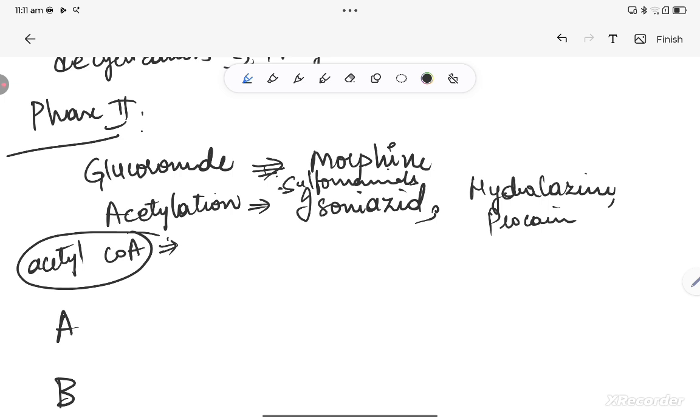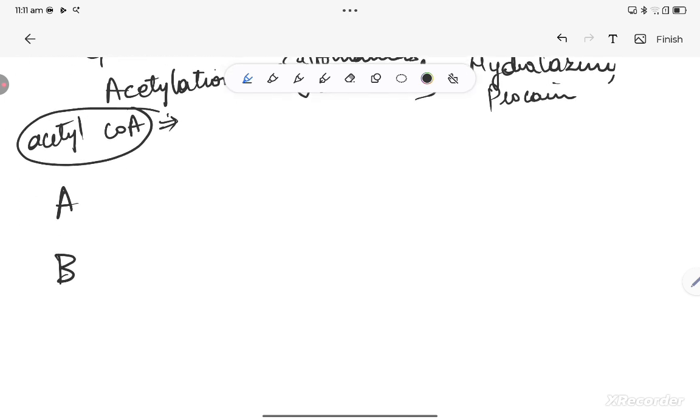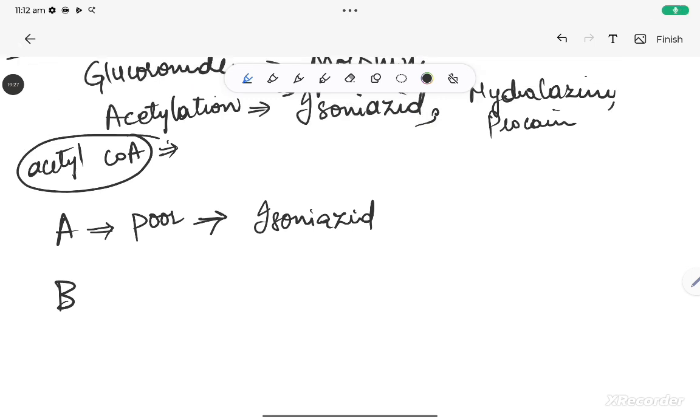Both are given isoniazid. Now, patient A is a poor expresser of the acetylation gene, because of which metabolism of isoniazid is less. So isoniazid will be metabolized less, because of which there will be prominent side effects and toxicities.